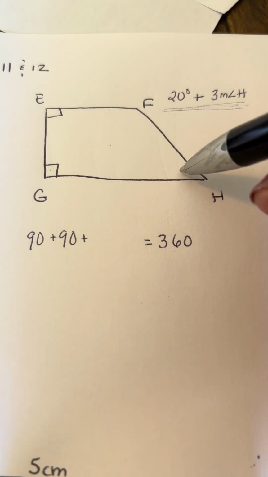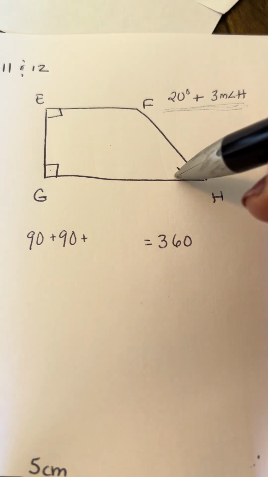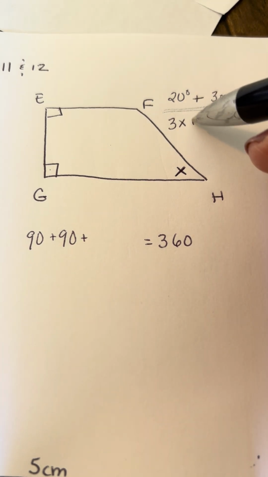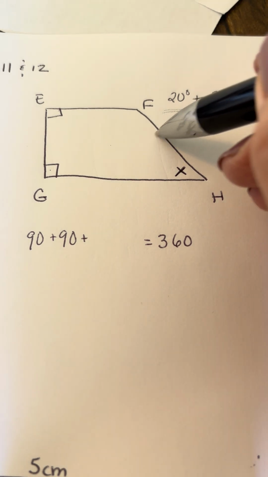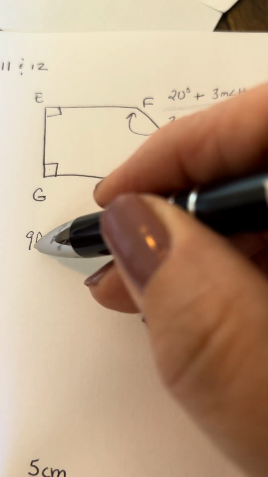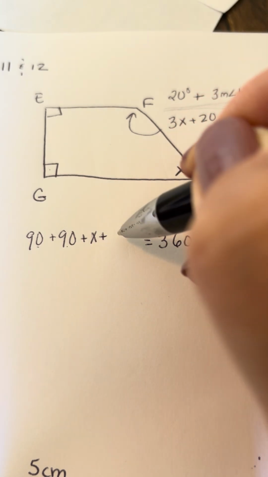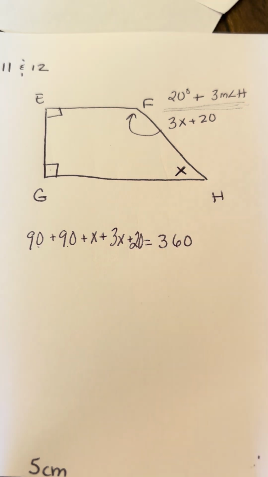So if I call this X, then this would be 3x plus 20. So if I'm going to add all four angles together, it's 90 plus 90 plus x plus 3x plus 20, because it said it was 20 more than 3 times the measure.